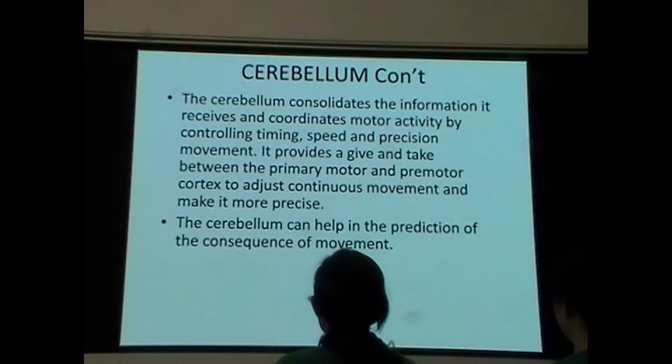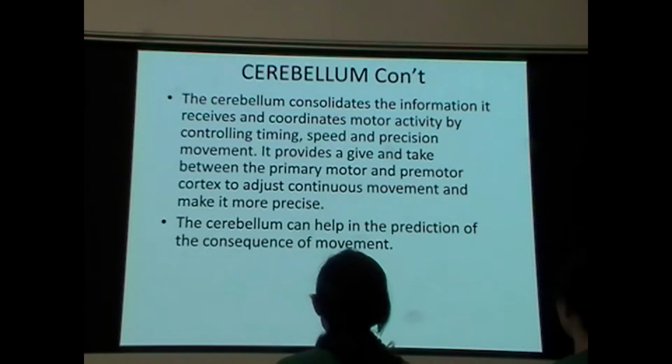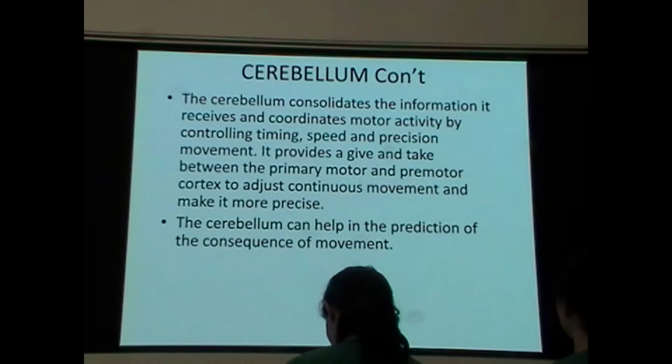So the cerebellum can help in the prediction of the consequences of movement. In other words, the cortex, and the supplementary cortex in particular, has locked in certain types of movement patterns that you've performed or learned to perform over the course of your life.